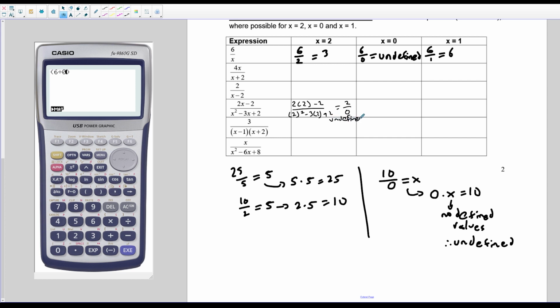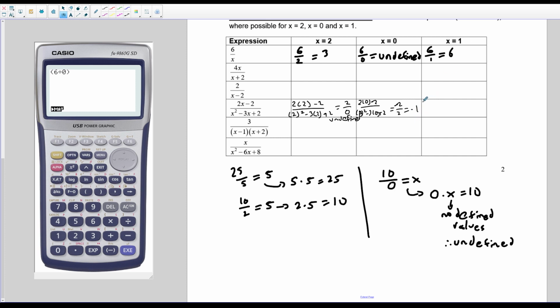So undefined. Taking a look at this middle one, we have 2 times 0 minus 2 divided by 0 squared. A little messy there. We're getting a little bit tight on space. Minus 3 times 0 plus 2. This leaves me with negative 2 over 2, which gives us negative 1 as an answer.